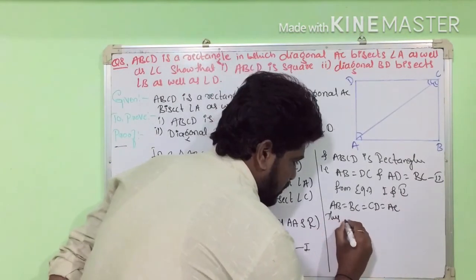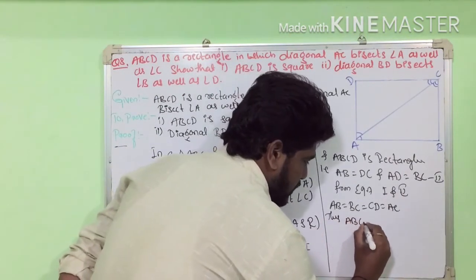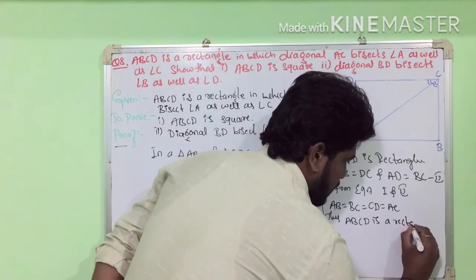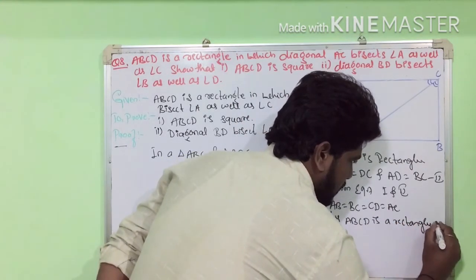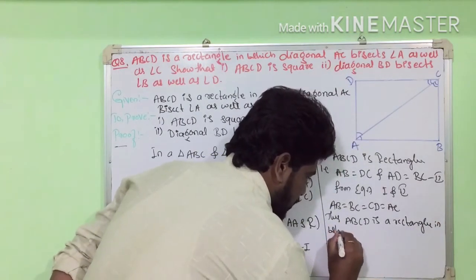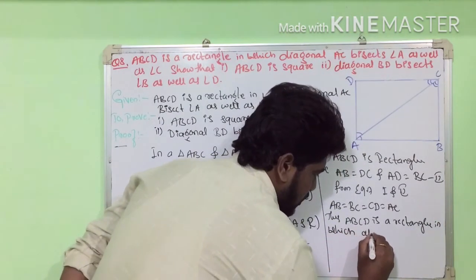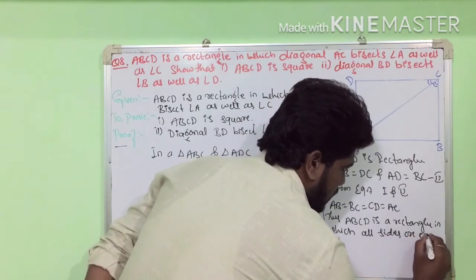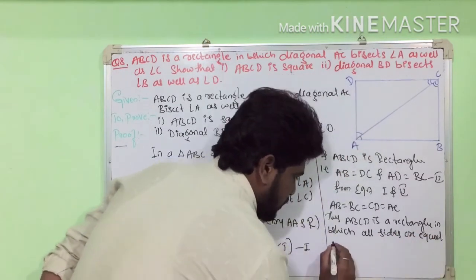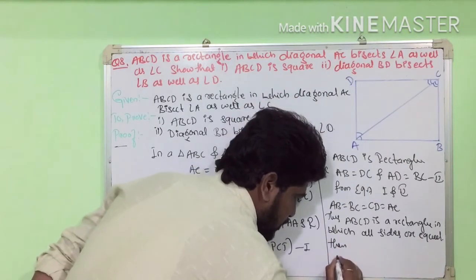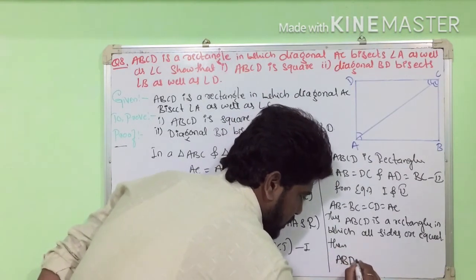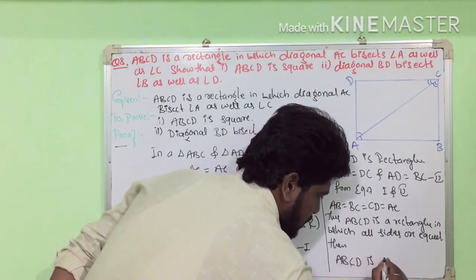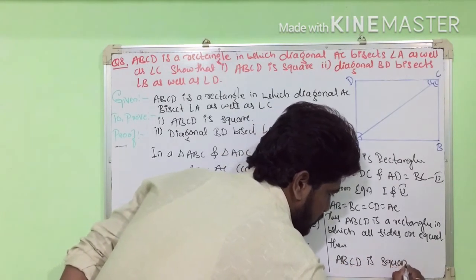Thus ABCD is a rectangle in which all sides are equal. Hence ABCD is a square.